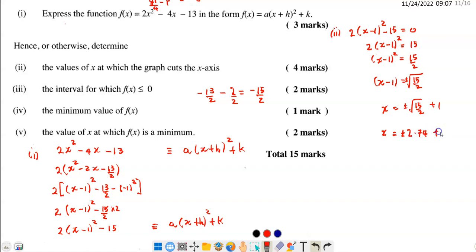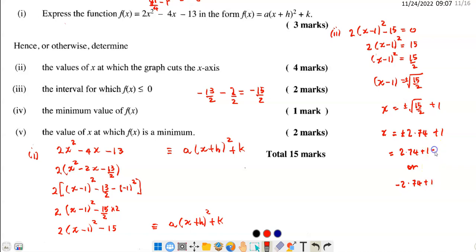plus 1. So it means that we can have 2.74 plus 1, or we can have minus 2.74 plus 1.